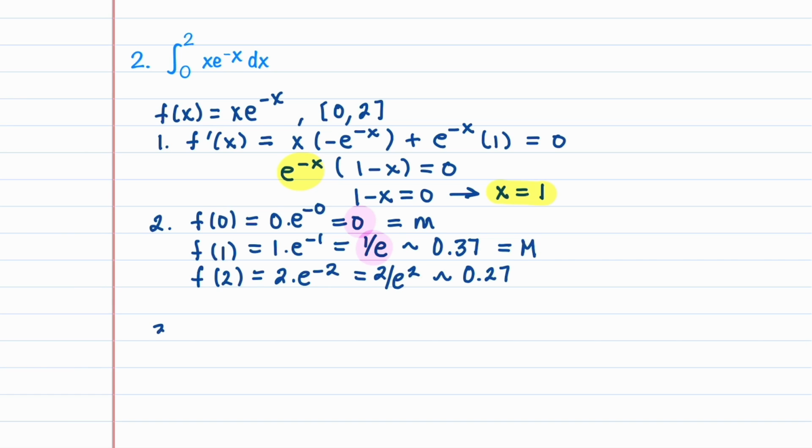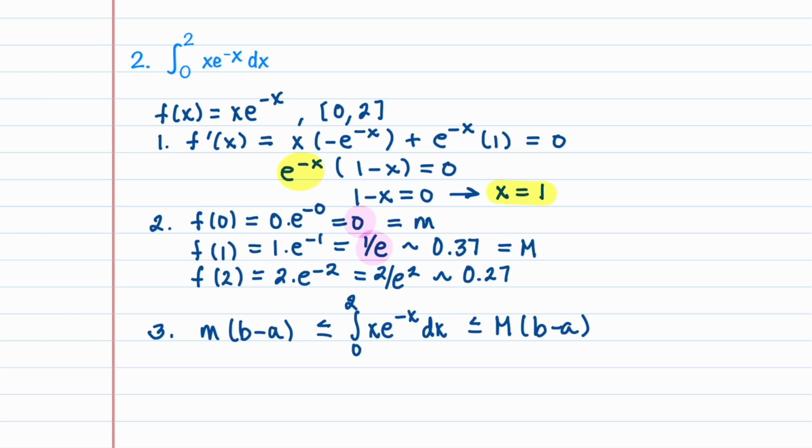In our third step, we're going to substitute these values into the comparison property. Let's go ahead and write down our formula. We have little m times b minus a is less than or equal to the integral from 0 to 2 of x e to the minus x dx, and this is less than or equal to capital M times b minus a.